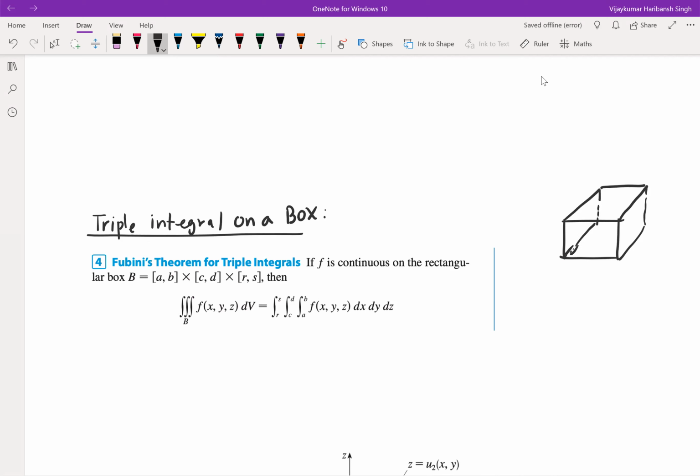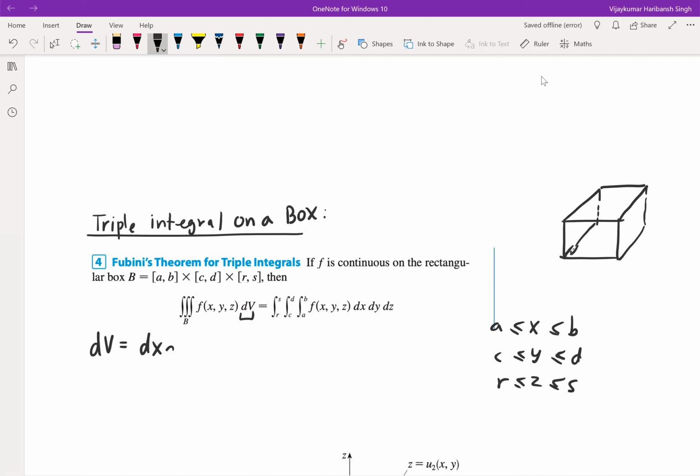so on a box, your x is between A and B, your y is between C and D, and your z is between R and S. In this case, this integral dV has six possibilities, really.